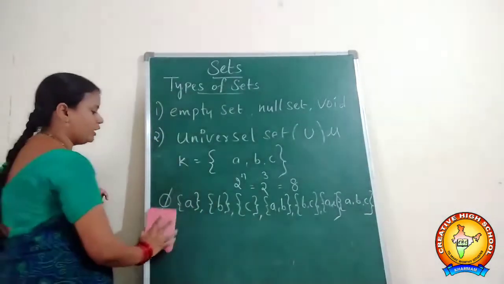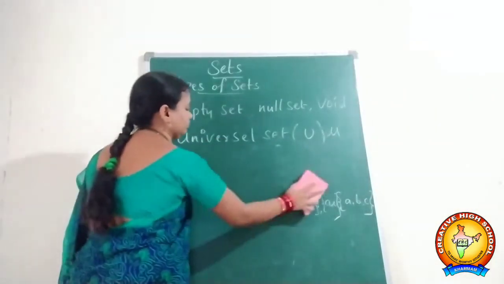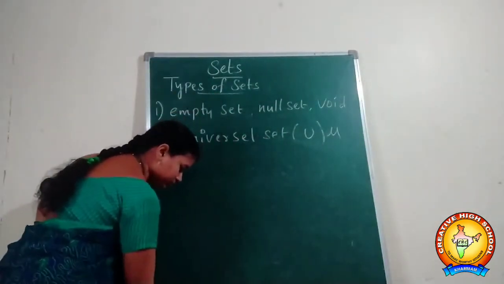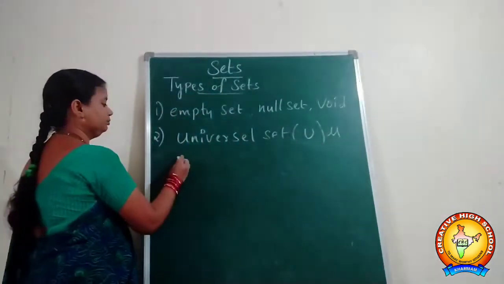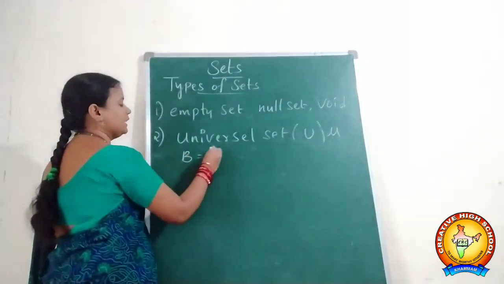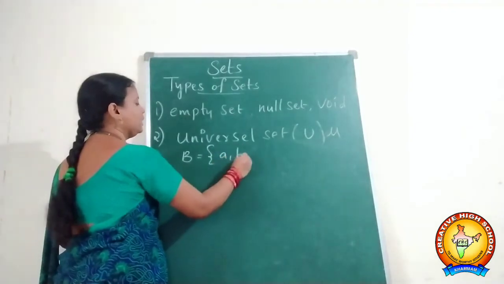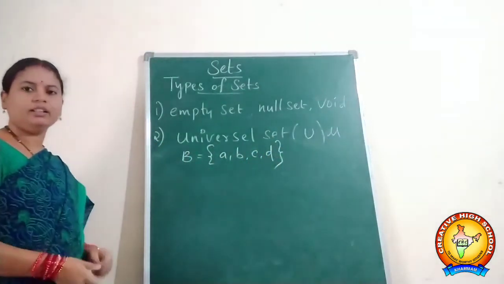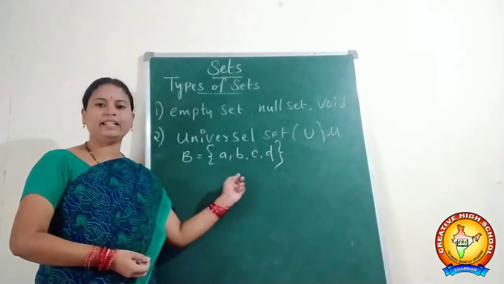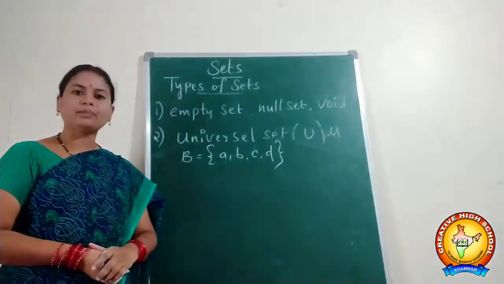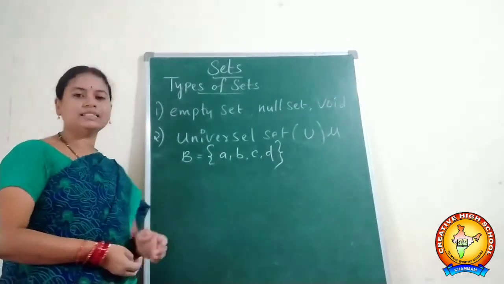Let us see one more example. B is equal to {A, B, C, D}. This is a set. B is a set having the elements A, B, C, D. Now let us see how many subsets we can write for this set.